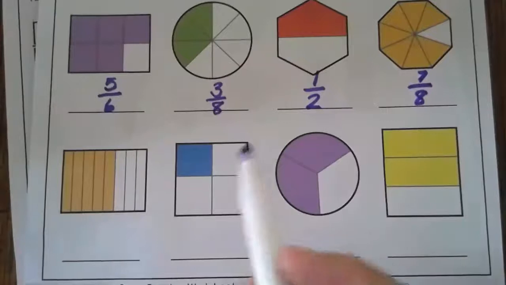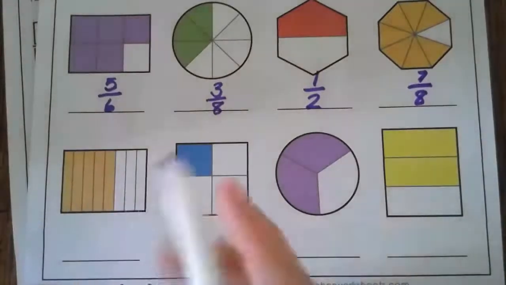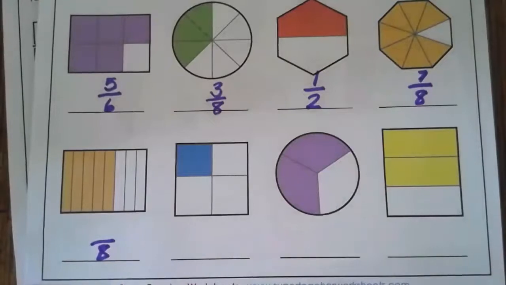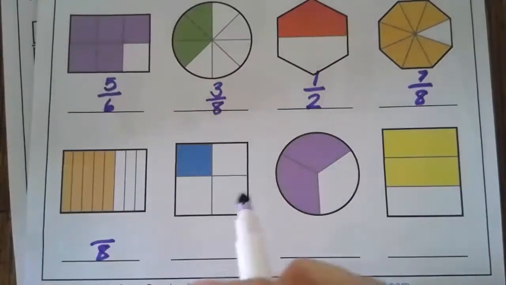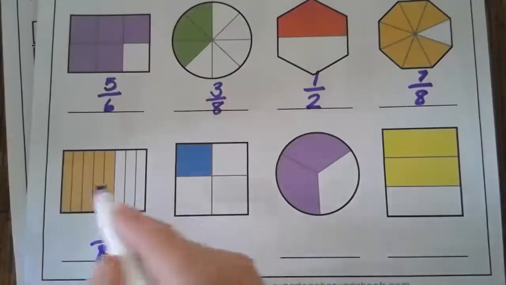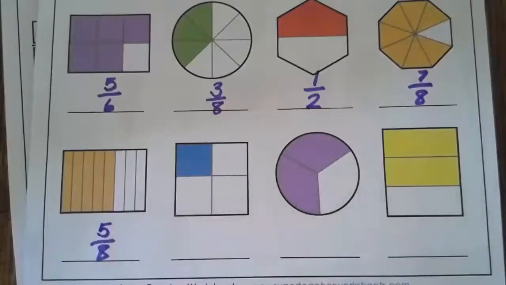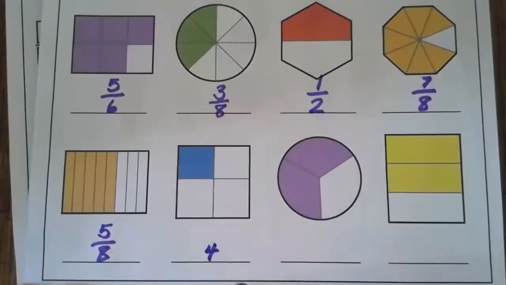And our last row. Our rectangle is divided into 8 parts, sharing maybe a candy bar with 8 of your friends, maybe a Kit Kat it looks like. There are 8 pieces. 5 of them are shaded, 5/8.